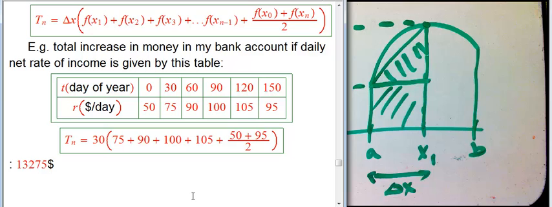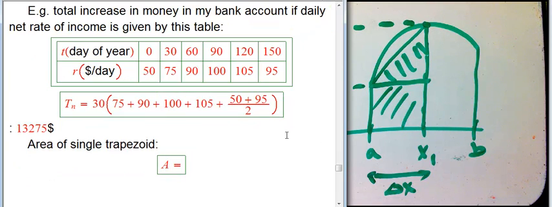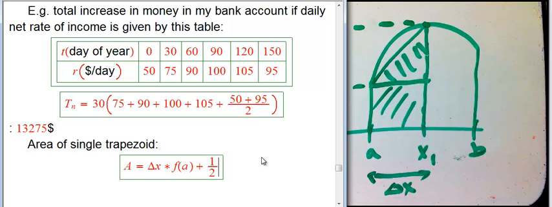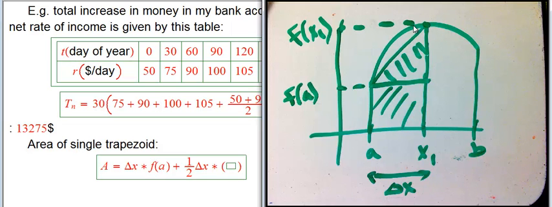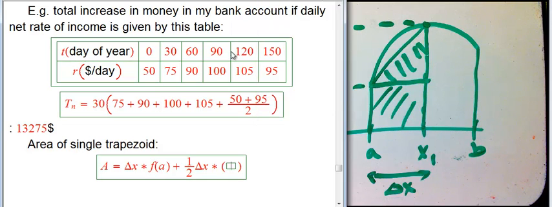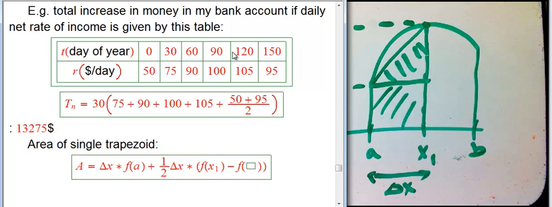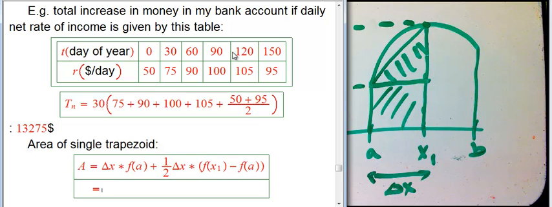The area of that single trapezoid is just going to be the area of the rectangle, which is what I'm getting from the left endpoint method, delta x times f of a, plus I'm adding in half of a delta x times the height of this guy, which is the difference in those two heights, f of x1 minus f of a. The delta x comes out as a common factor, as it always does.